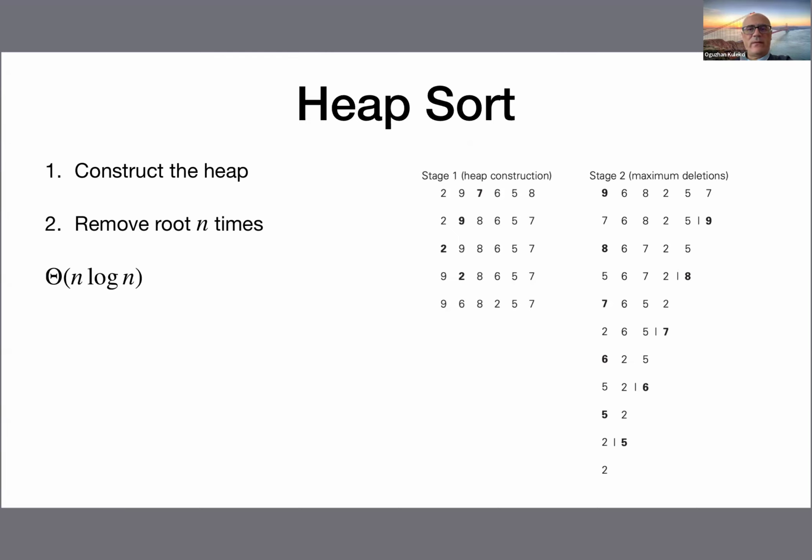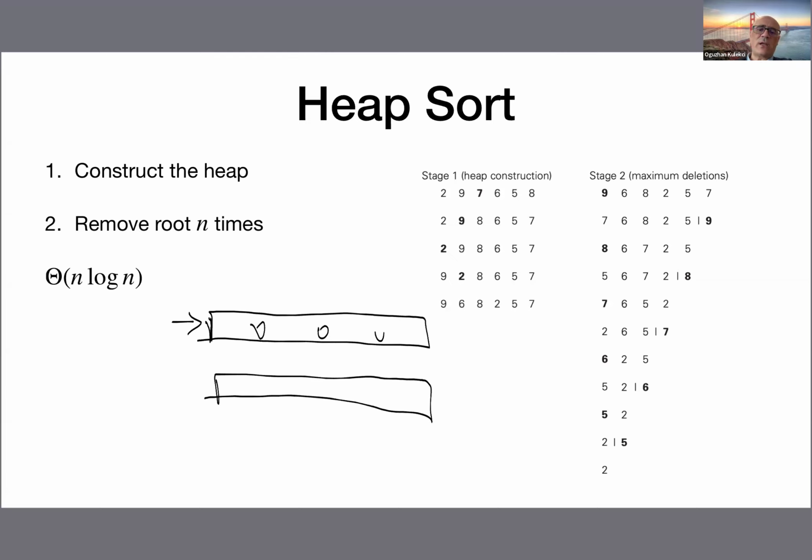Summarizing what we studied, my suggestion is to think of a heap as an input array. So you are given an array, and an array defines a binary tree, right? And on this binary tree, by reorganizing the elements in this array, you turn it into a heap.